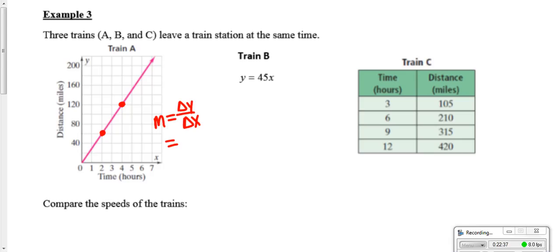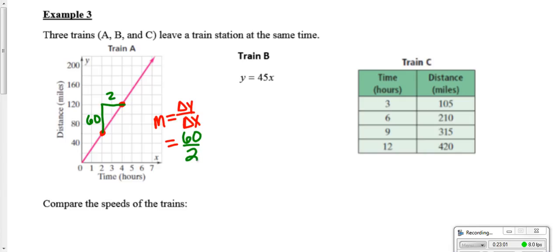They jump by 20. So I go up 1, 2, 3. So 3 times 20 is 60. Okay, so I went up 60 miles for my distance. And I went right, and so my time is per hours, 1, 2 hours. Okay, so it is 60 over 2.